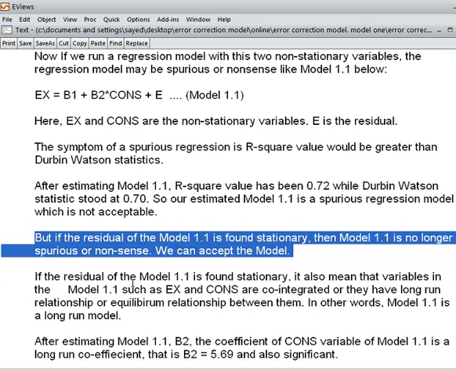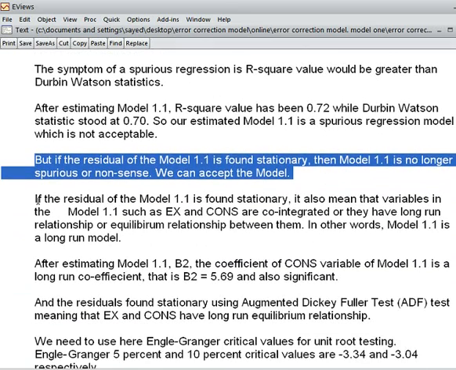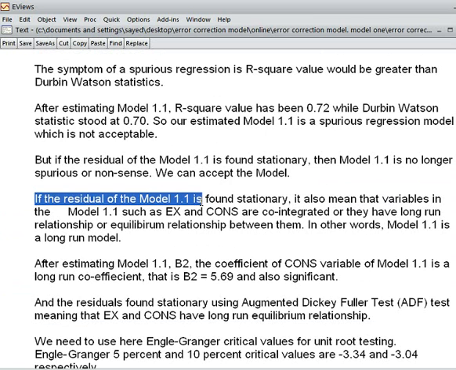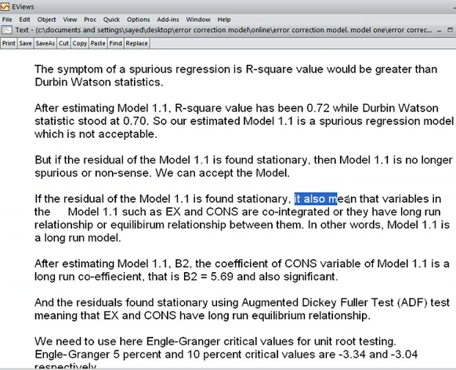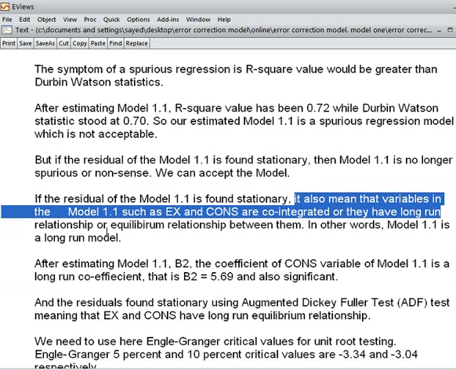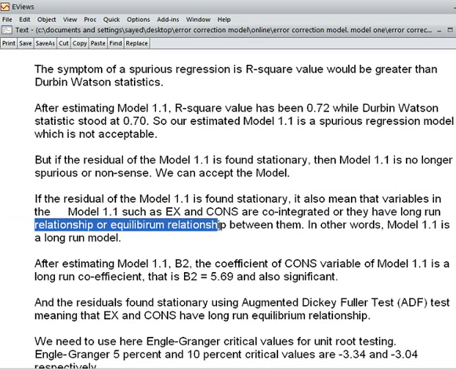Okay, and there is some more thing. If the residual of model 1.1 is found stationary, it also means that variables in model 1.1 such as ex and cons are cointegrated, or they have long run relationship, or they have long run equilibrium relationship between them.